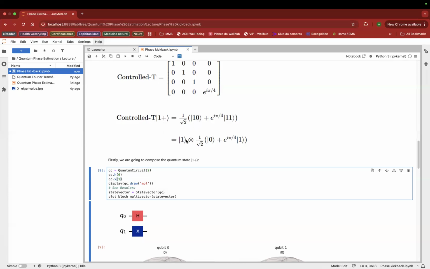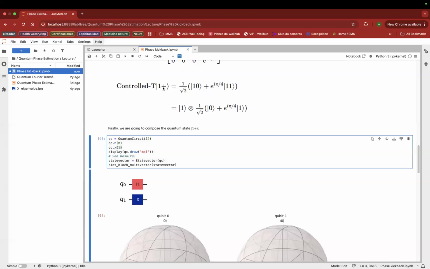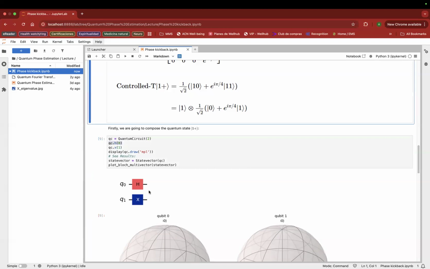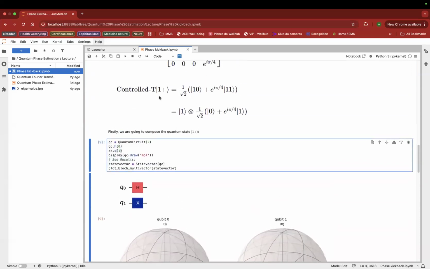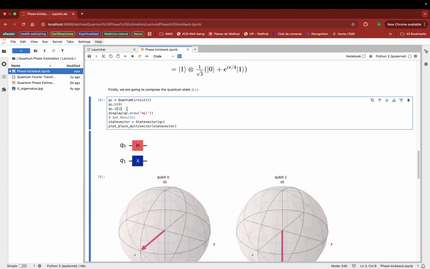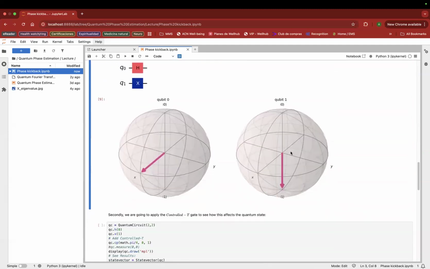The target qubit is unchanged and the control qubit is changed. Then we apply the bit flip on qubit 1, and we get the target qubit.